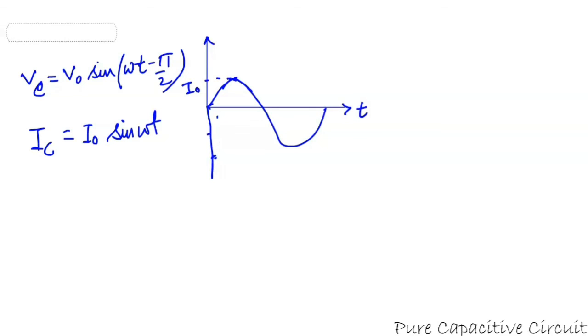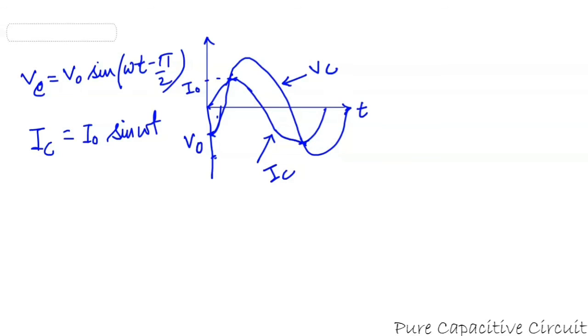So this will be the graph of V_C, and this is the graph of I_C, and this is V_0. Now see, at time t = 0, I_C has a larger value than V_C, and V_C reaches this value at some time greater than 0.